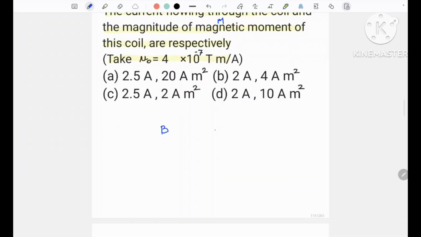Magnetic field at the center of the coil is mu naught N I by 2R.